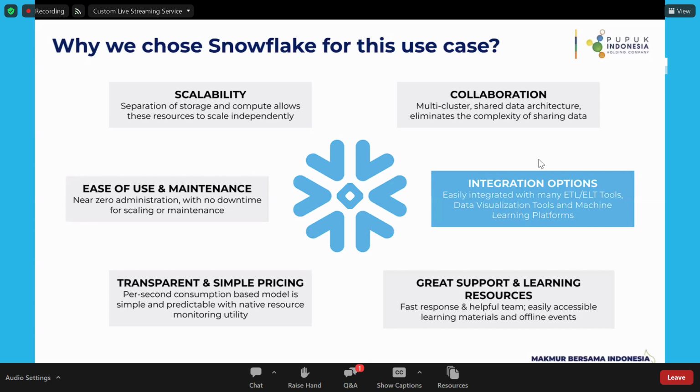Almost all of the major platforms out there can be integrated with Snowflake. In our case, we integrated it with our data visualization tool like Tableau, and also machine learning platforms like Dataiku and Nine. Apart from that, Snowflake also gives us scalability, collaboration, ease of use and maintenance, and so on for any other use cases that we develop.